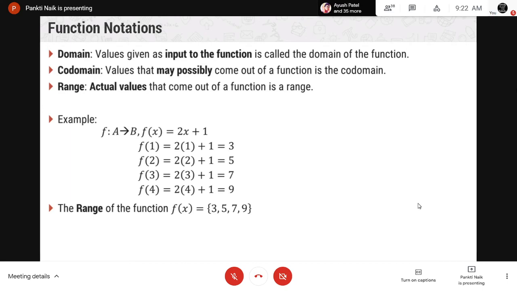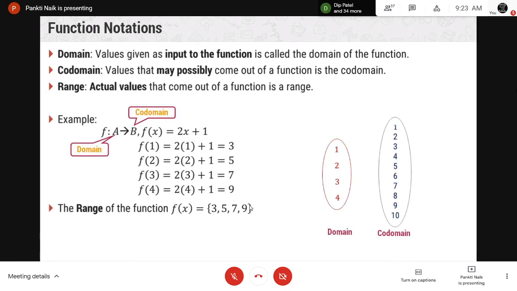So let us see one example. Function f from A to B, for f(x) is equal to 2x plus 1. Now for f(1), f(2), f(3) and f(4) we get some values 3, 5, 7 and 9. So the range of this function f(x) is 3, 5, 7, 9.